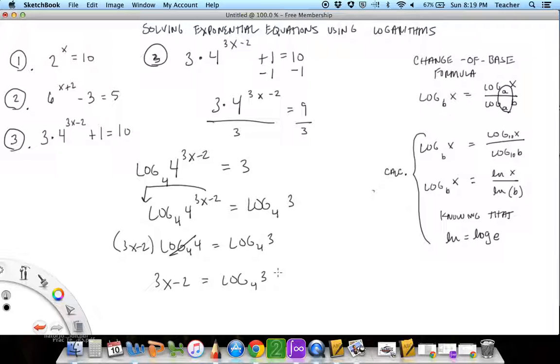So we have log 3 divided by log 4. Then I keep that number in my calculator, add 2, divide by 3, and I get an answer of, according to my estimations, 0.9308.